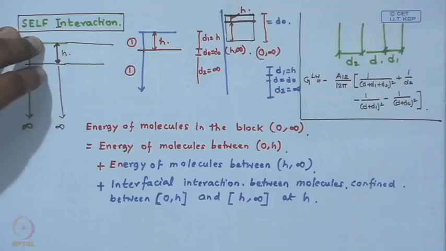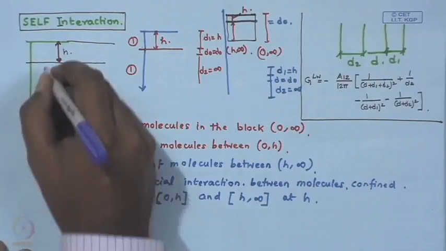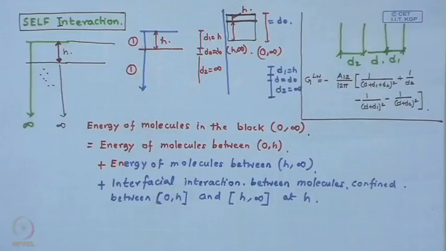So, there is no reason to consider that these intermolecular forces, which can span a few tens of nanometers across vacuum or air, will have no interaction between neighboring molecules. So, that is present, and that is what we are referring to as the self interaction of the molecules.